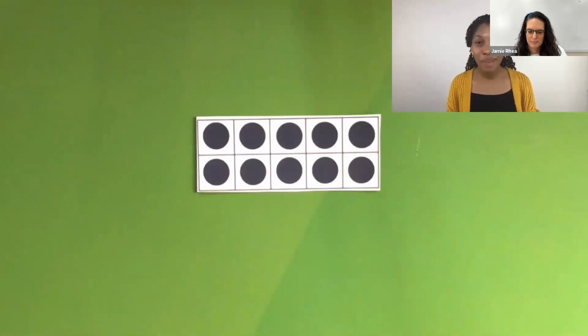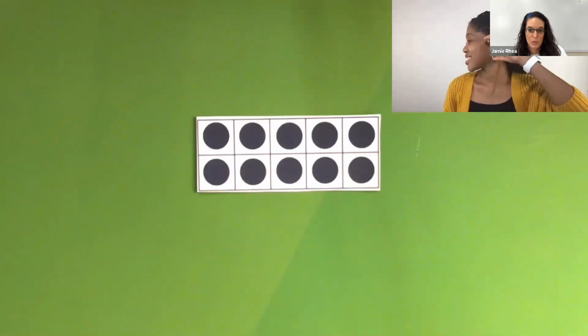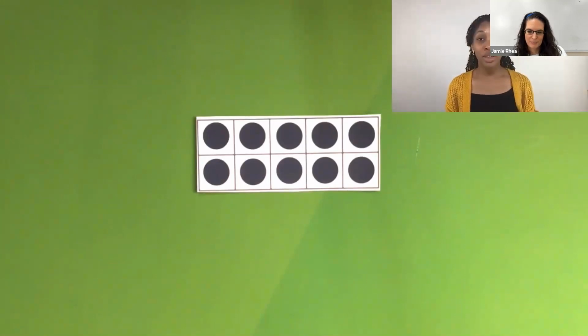Why do we frame our 10 circles when we use 5-group drawings? So we can see there are 10 altogether. That's right. We frame them because it's easier to see 10. We don't have to recount them because we just know that there are 10.